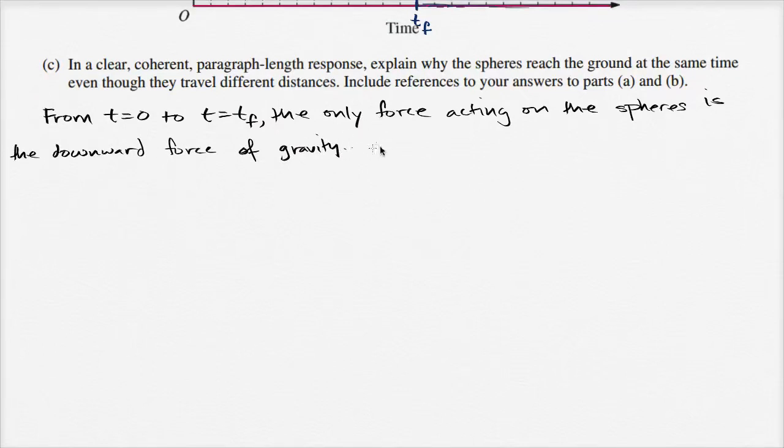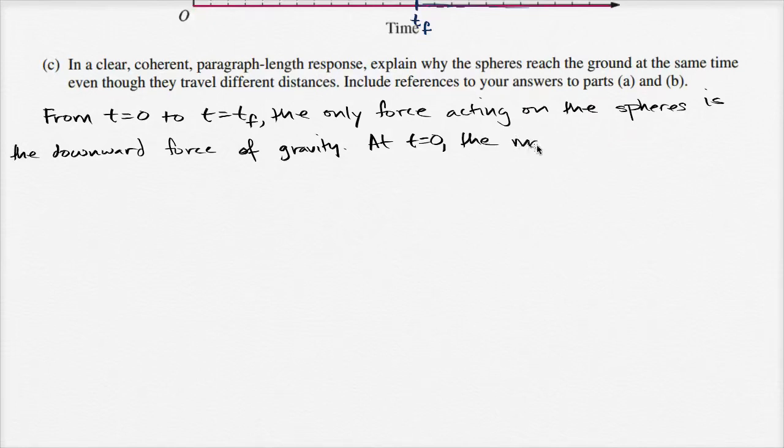At t equals 0, they both have 0 vertical velocity, or the magnitude of the velocity in the vertical direction is 0 for both of them. Let me write it that way.